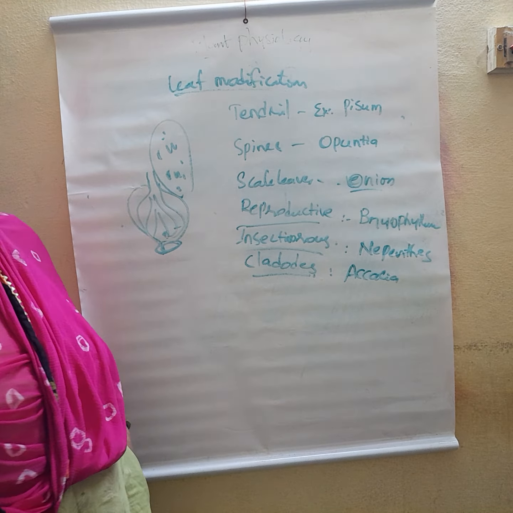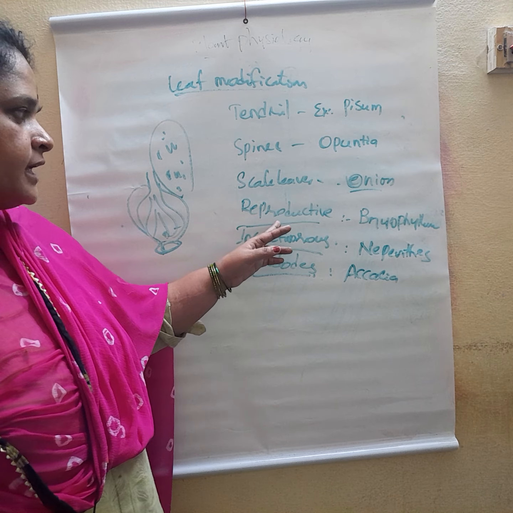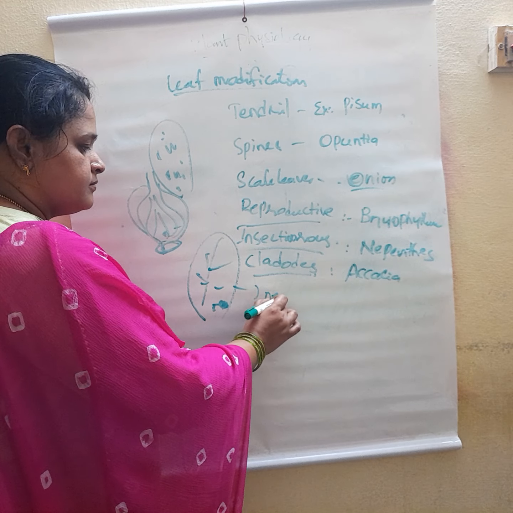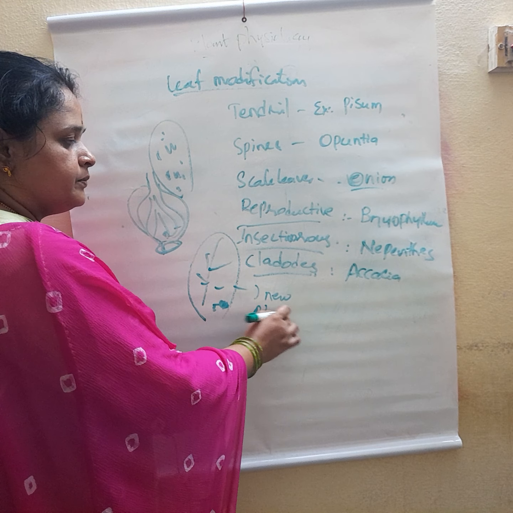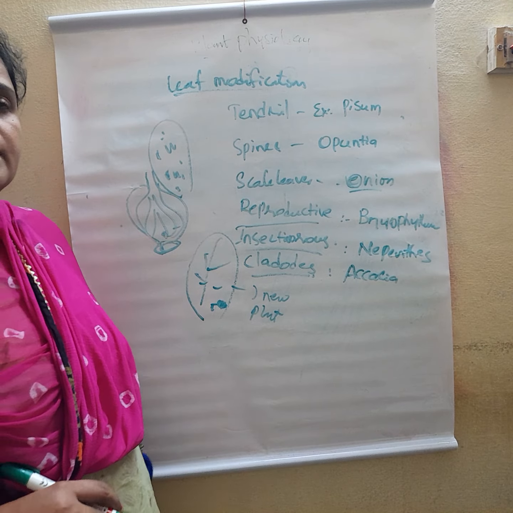So they are for different functions, okay. Reproductive leaves help in reproduction. In Bryophyllum every notch has plantlets. If the leaf is ruptured, it immediately develops a new plant. Insectivorous plants like Nepenthes trap insects.